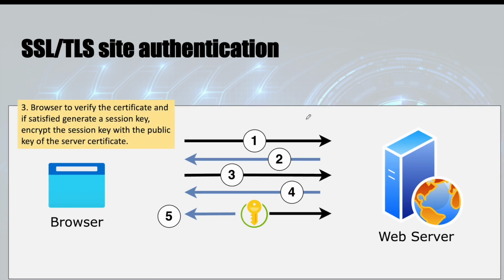How will the browser verify? Because the certificate authority details are there, it will see that the certificate is generated by the certificate authority which it trusts. If it is an end entity certificate or an intermediate certificate, then it will go through the chain and arrive at the root certificate and validate that this is a certificate which it trusts. So basically it will establish trust.